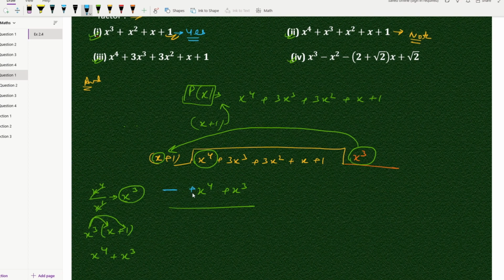Now here the sign is plus, it will become minus. The sign is plus, it will become minus. So the new sign will be minus. Let us delete the older signs, and these terms will be getting cancelled out. But this and this can't be cancelled out because there is a coefficient 3 here और यहाँ पर coefficient -1 है.